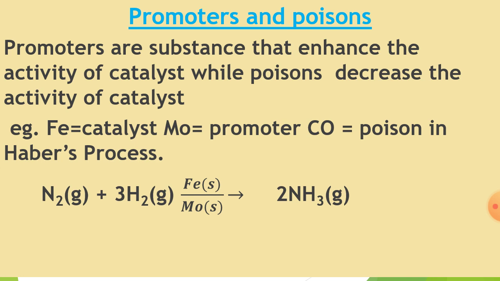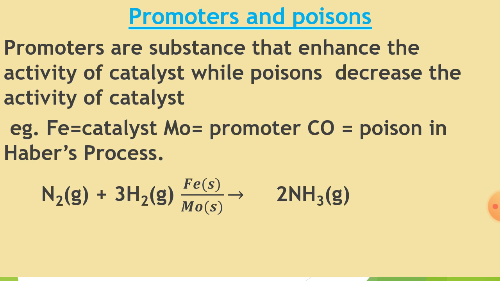Here I have taken one example to explain promoters and poisons. Again recall the Haber process: N2 in gas form plus 3H2 in gas form are taken. Here iron is the catalyst, but Mo is the promoter of the iron catalyst.